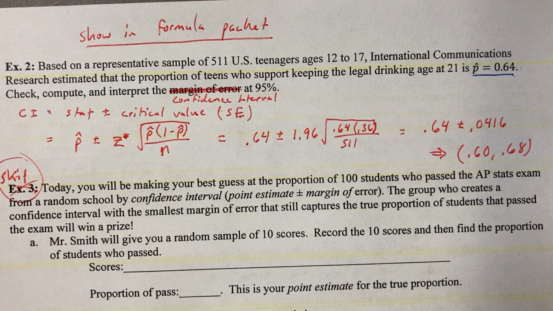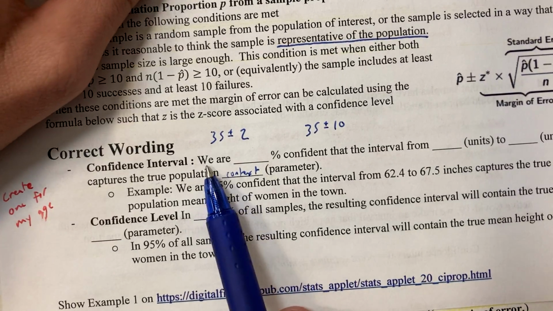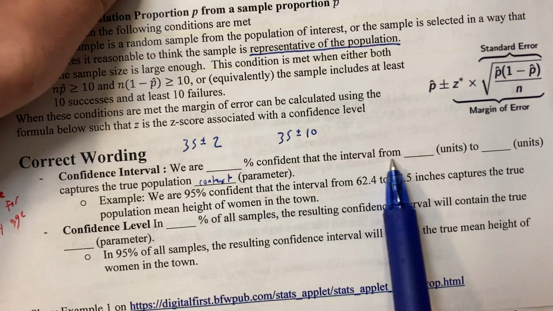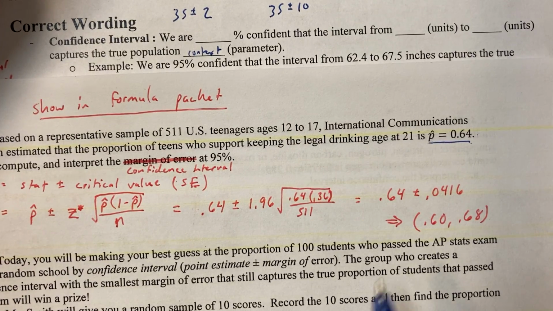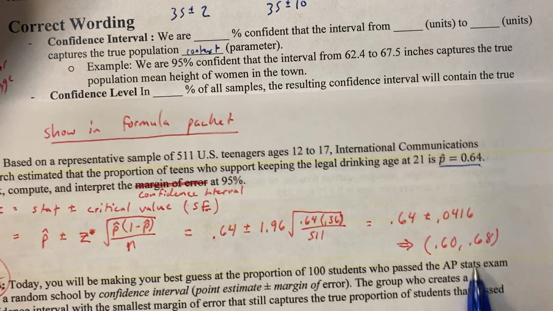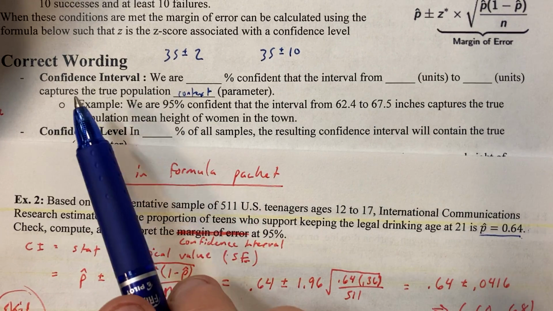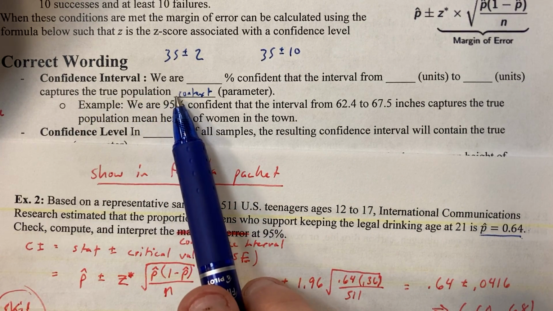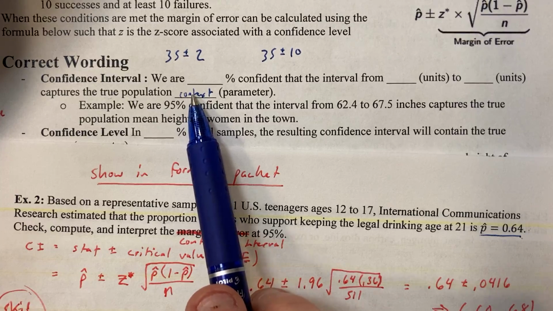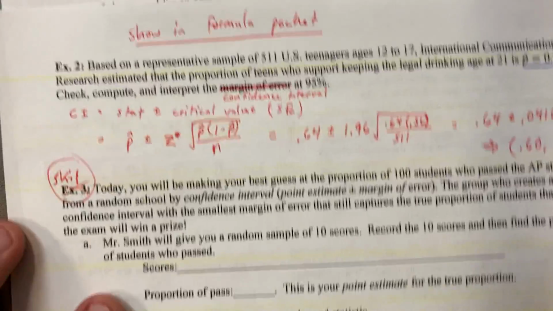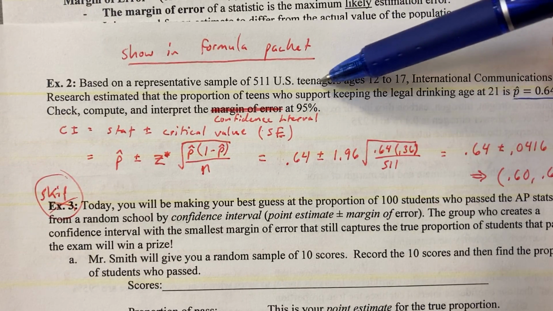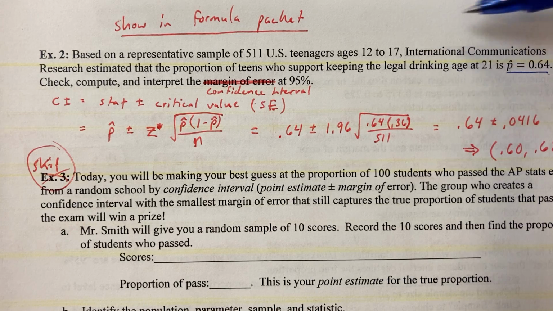However, what we can say, getting back out to the previous page, is we are 95% confident that the interval from 0.60 to 0.68 captures the true population proportion, now give context, of U.S. teenagers aged 12 to 17 who support keeping the legal drinking age at 21.